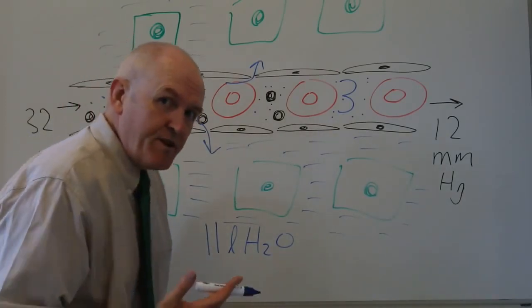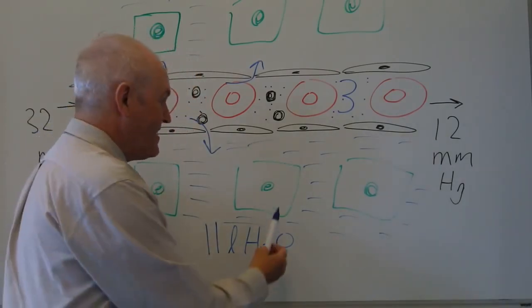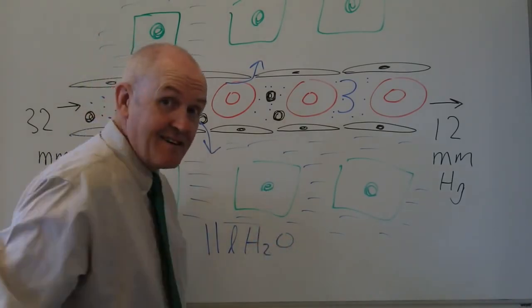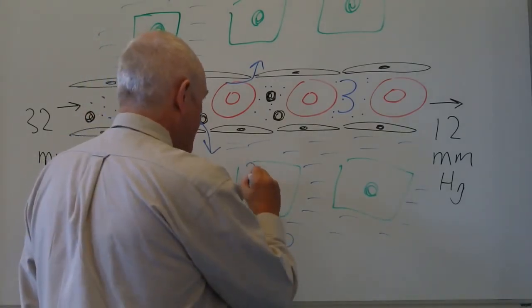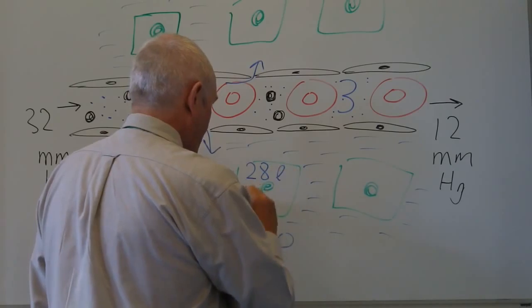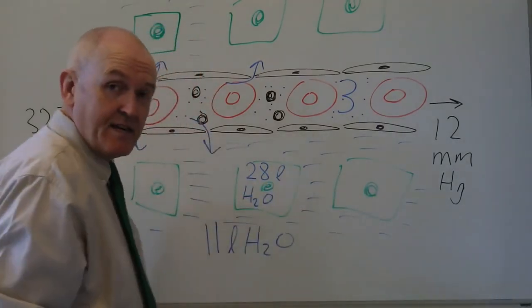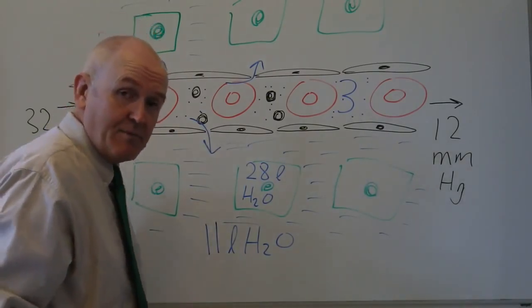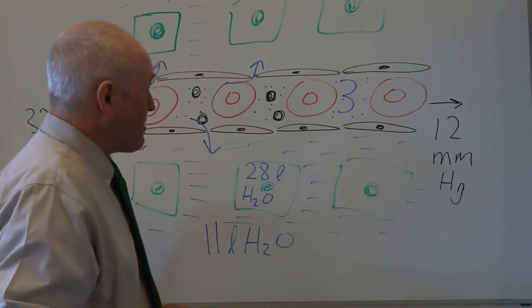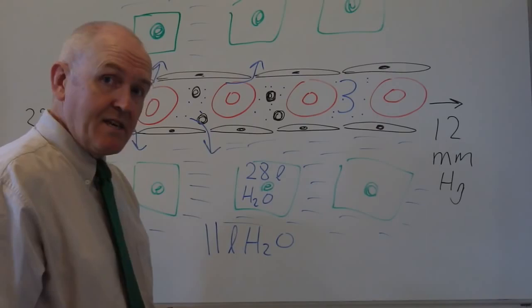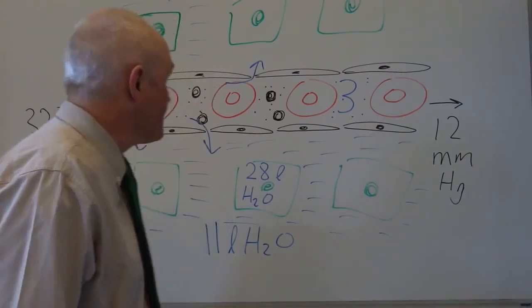Of course, most of the body water is in the intracellular compartment, maybe 28 litres of water in the trillions of cells of the body. So this diagram actually shows the compartmentalisation of body fluids quite nicely.